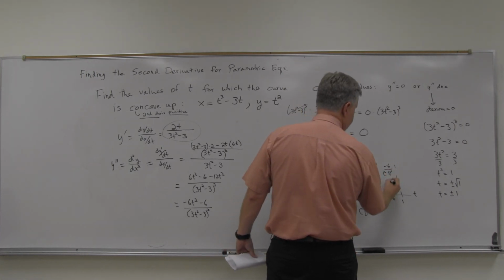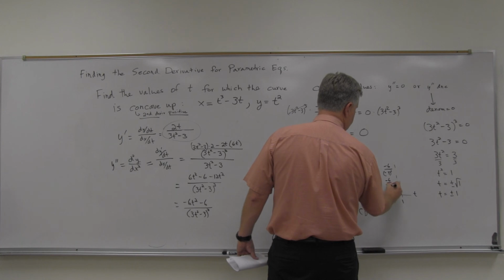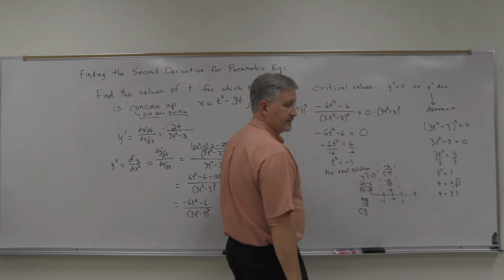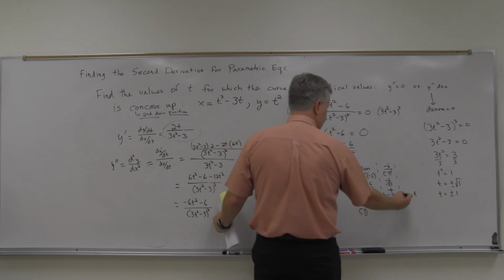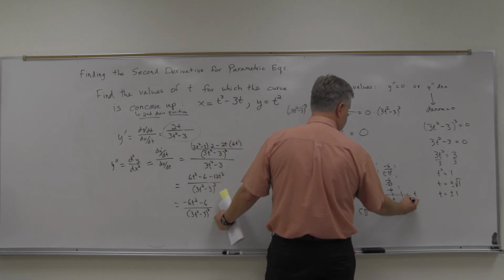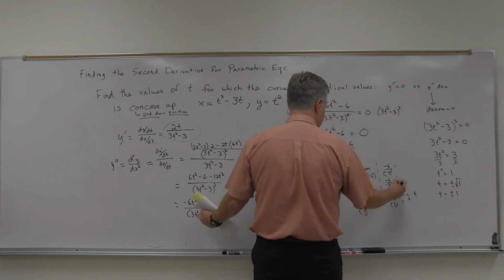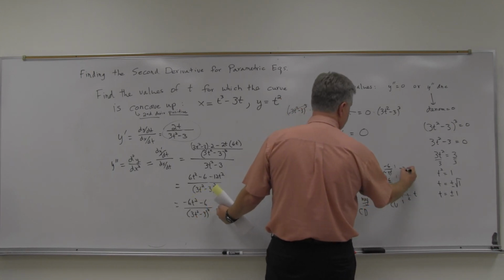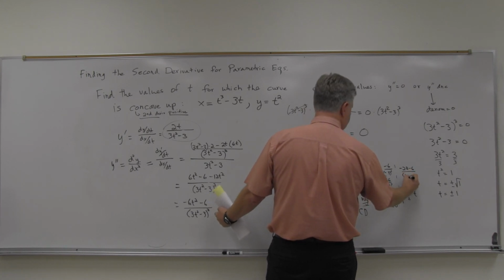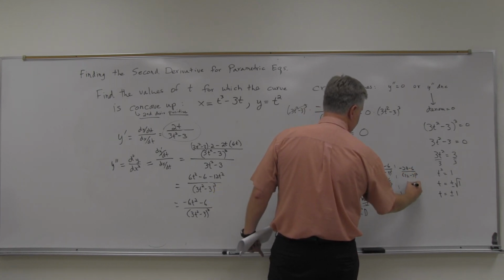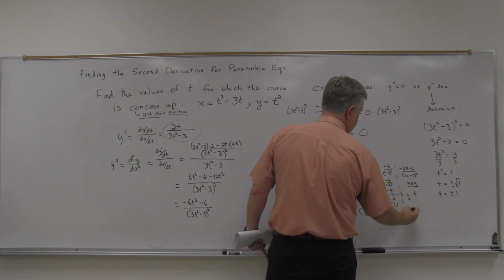That's going to be positive, because you've got a negative divided by a negative. So that's concave up there. And out here, plug in 2, and I think you get the same value as with -2. It's negative, so that's concave down.